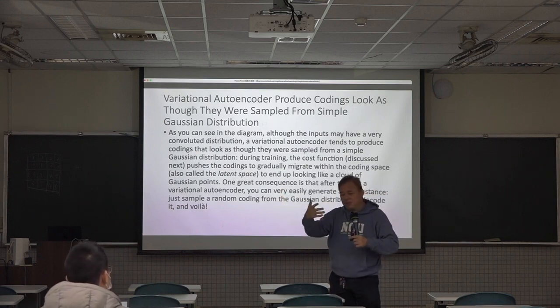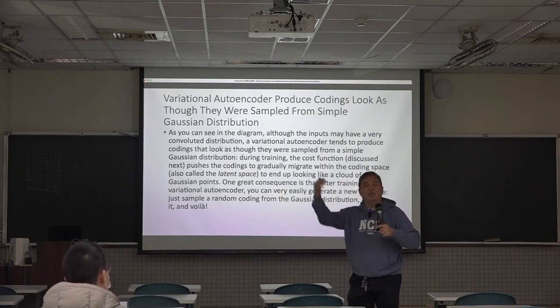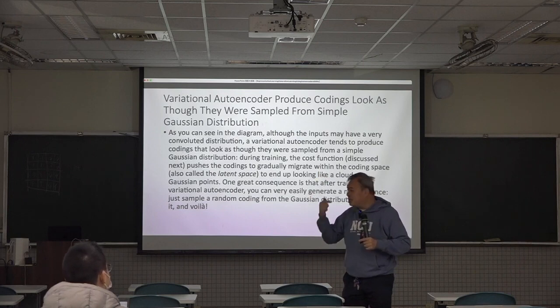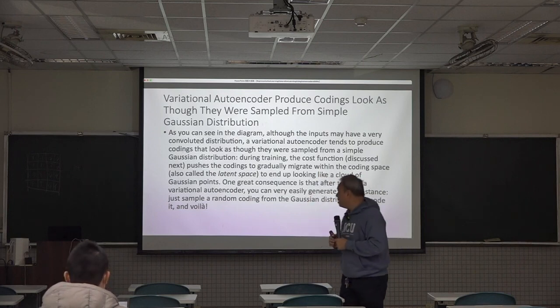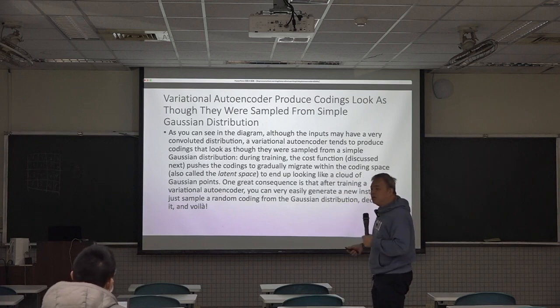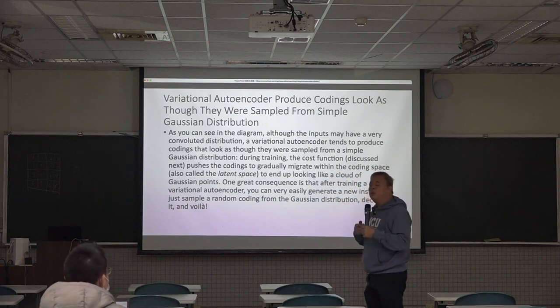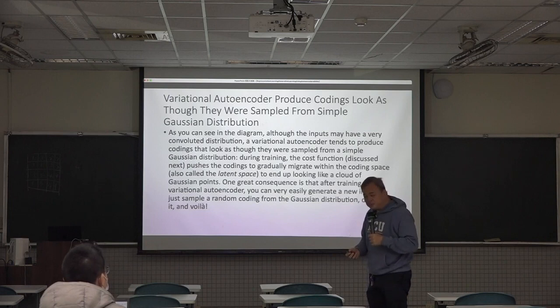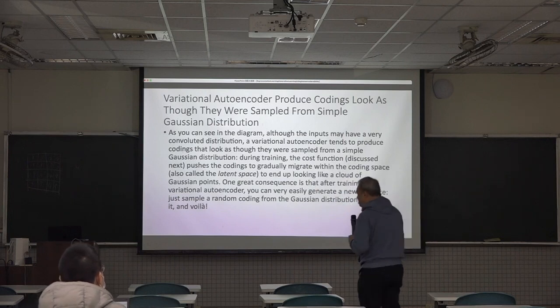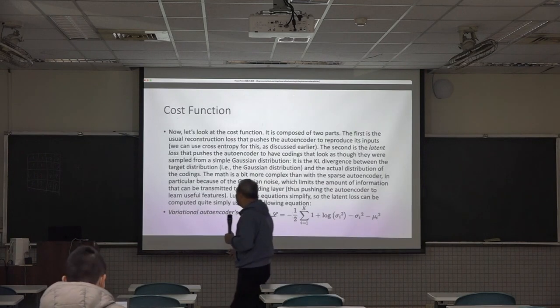The only difference is that for the denoising autoencoder, we use the whole autoencoder. But with this variational autoencoder, because we use it as a generative model, the decoder is the part we use most often. So this is very different from the other ones.